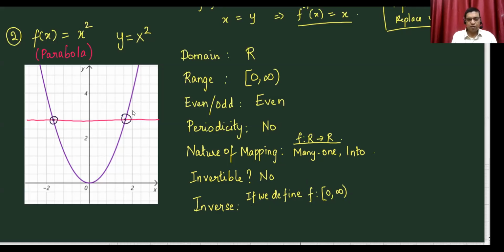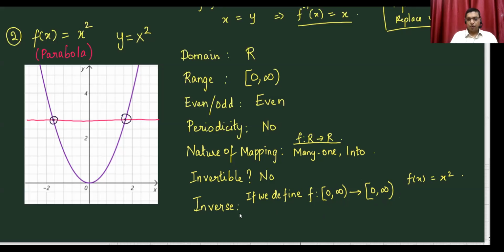That means the graph only to the right of the x-axis, 0 to infinity. This is my domain, this is my codomain. If we define f such that f of x is equal to x square, then this function becomes 1-1 and onto.